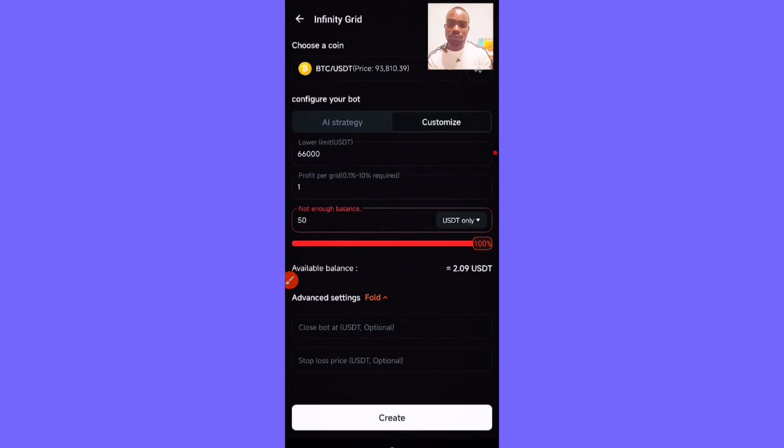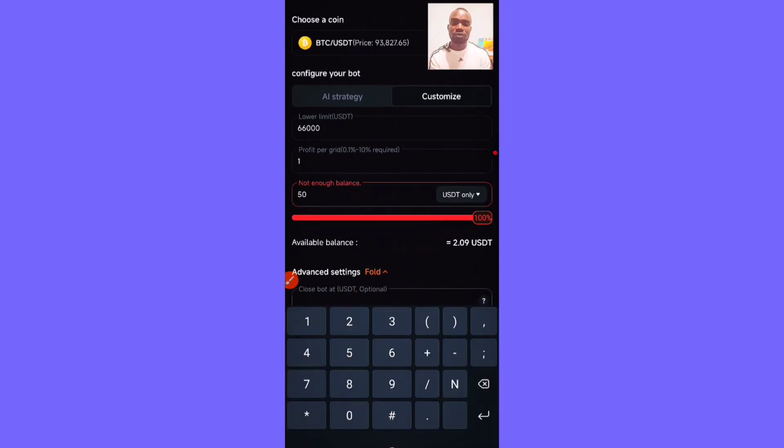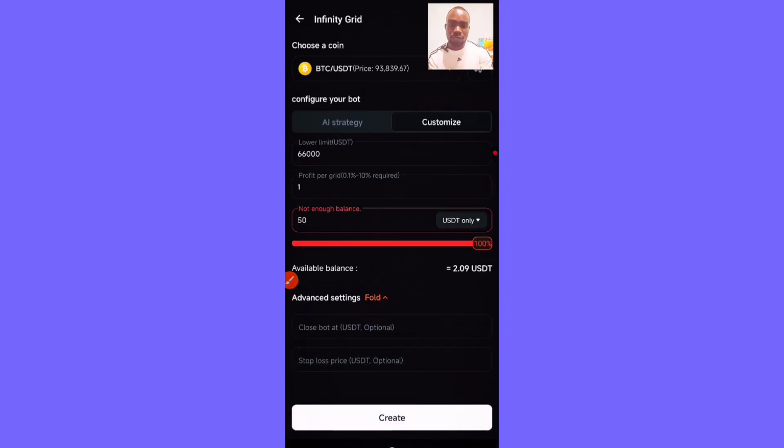So you can put your price that you want this bot to be closed when the price of BTC reaches that kind of price. Then you can also set your stop loss price. We were having our bot starting to operate at 66k.